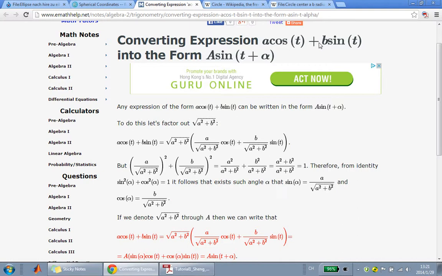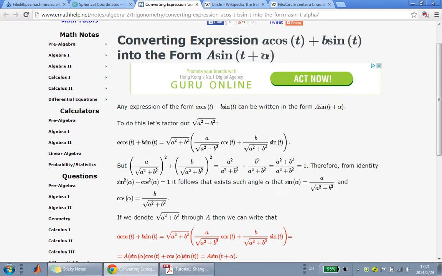But there is a simpler way to find the minimum or maximum value of a function in this form. The way we do it is convert it into the form something like a sine(t plus alpha). The question is what's the value of a and what's the angle alpha?